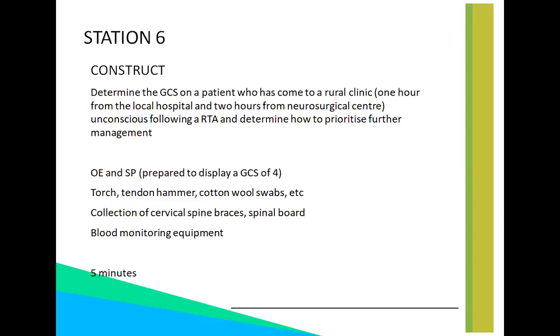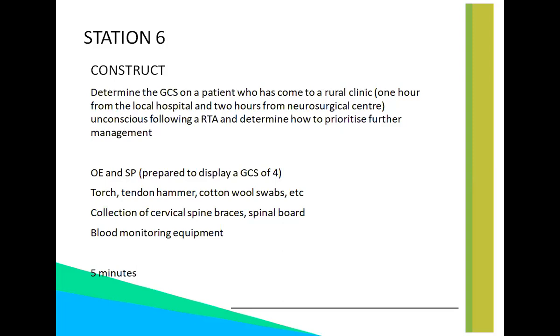Another example: determine the Glasgow Coma Scale on a patient who has come to a rural clinic 1 hour from the local hospital and 2 hours from a neurosurgical center, unconscious following an RTA, and determine how to prioritize further management.